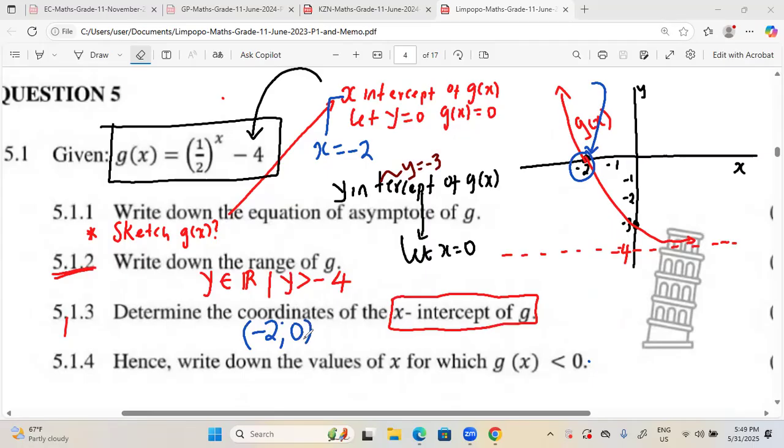Remember, in maths, when we are looking for the coordinates, you must give us the x coordinate and you must also give us the y coordinate. Those are the coordinates of the x-intercept of g.